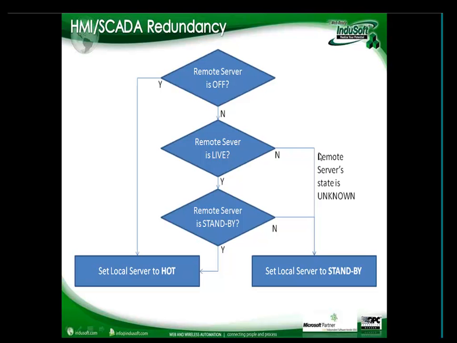If it is not live, it is what we call the unknown state, and we keep the local station in standby. But if the remote station is not off, is live, then I check if the remote station is in standby. If the remote station is in standby, then I set the local one to hot. Otherwise, I set it to standby.